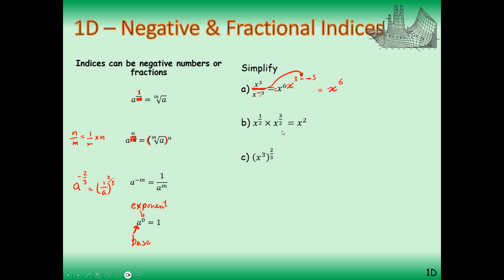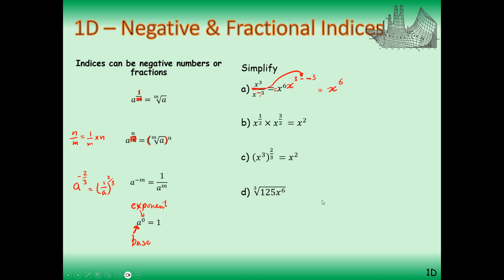So add 3 over 2 to a half, you get 2. Here you have to multiply the indices. 3 times 2 over 3 will leave us with 2. Now the cube root of 125. So you could take the cube root of 125 and say 6 divided by 3.